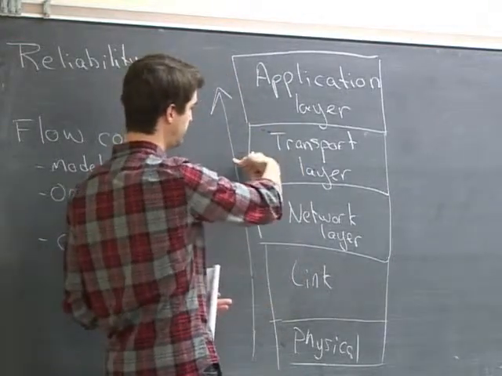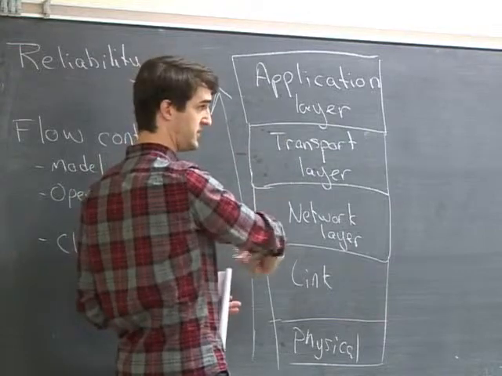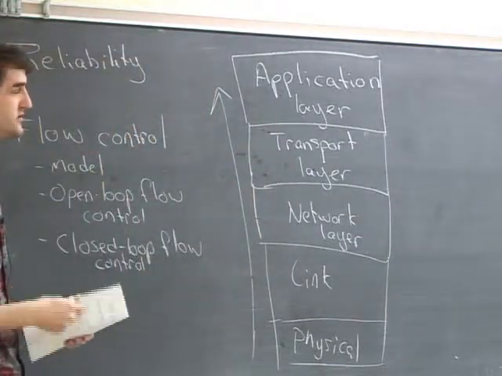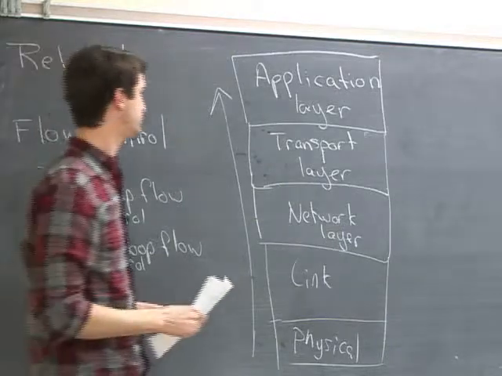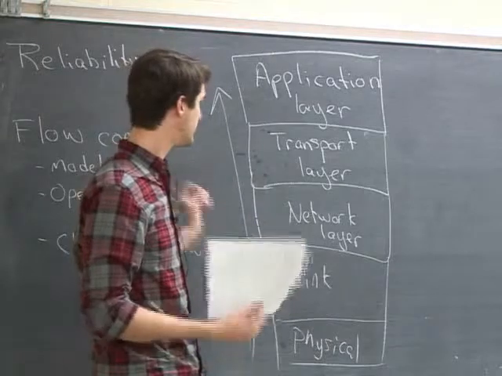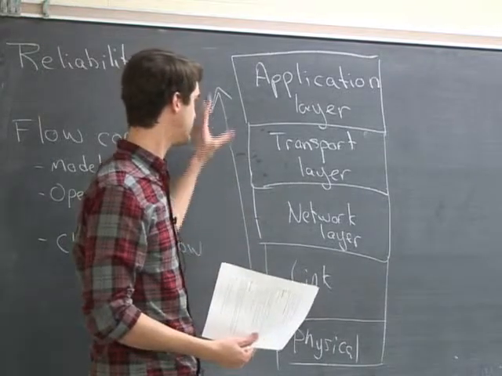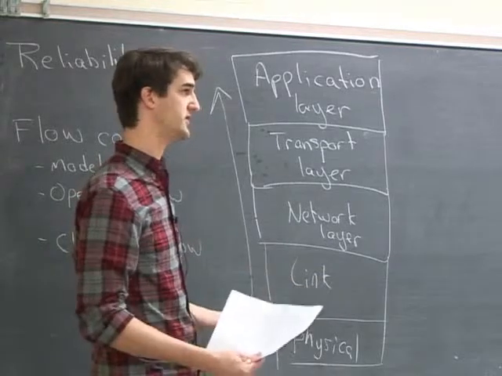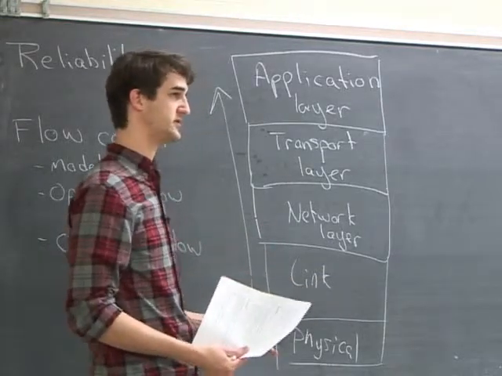So we want to put things at the lowest layer possible so that everything above enjoys those benefits. I wanted to cover this because there seem to be a few issues with layering. So don't get too confused about the layering. It's just a way to divide up the design space to make it easier for us to understand and easier to build.